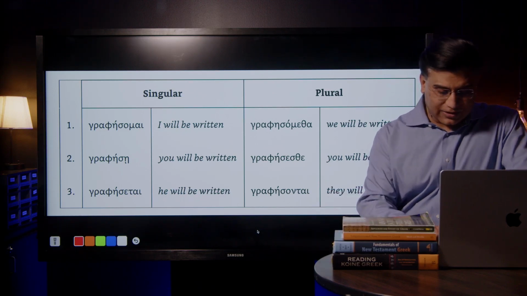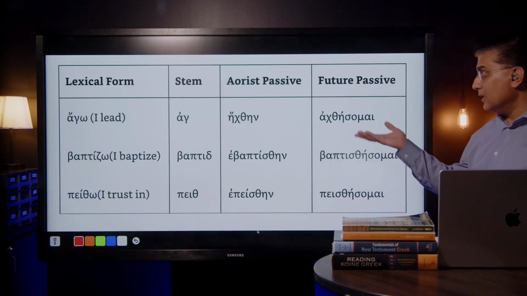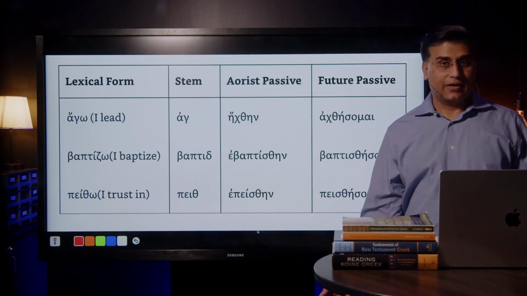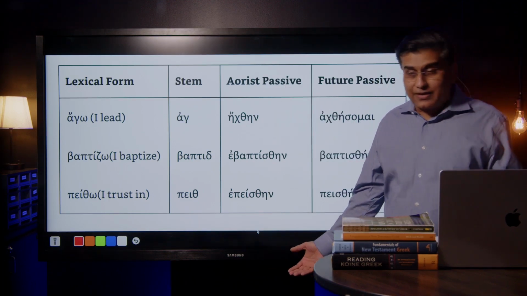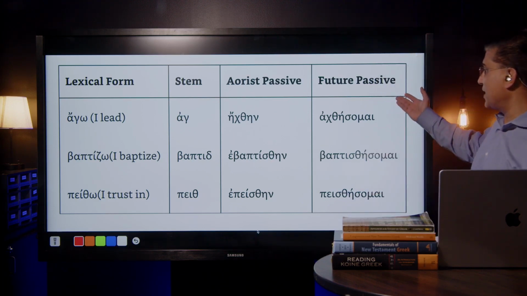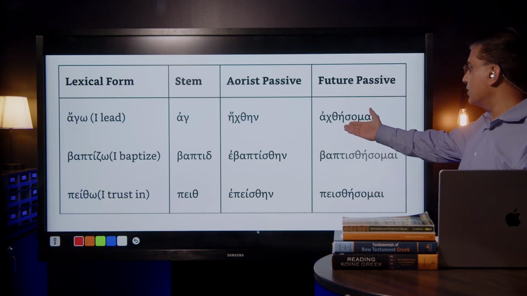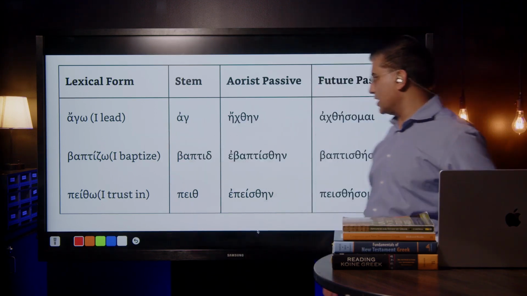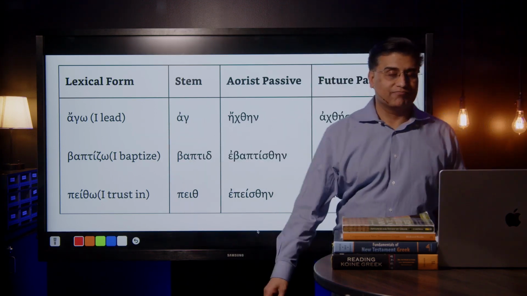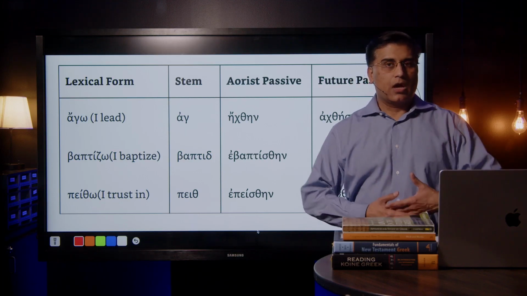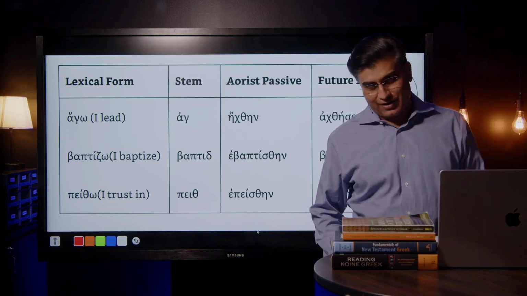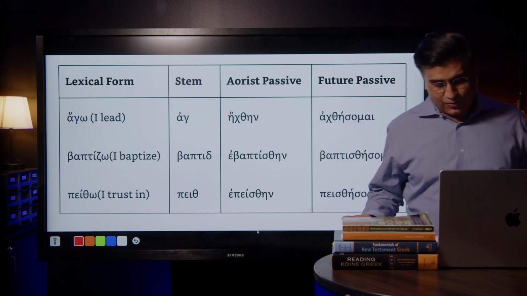So if you look at this, ago, I lead, the stem is ag, aorist passive becomes echthen, but then look at the future passive, achthesomai. This sort of does look like the ago, but how about the echthen? So these are your irregular. What do you do with them? Well, they have to be sort of memorized because that's just what it is.